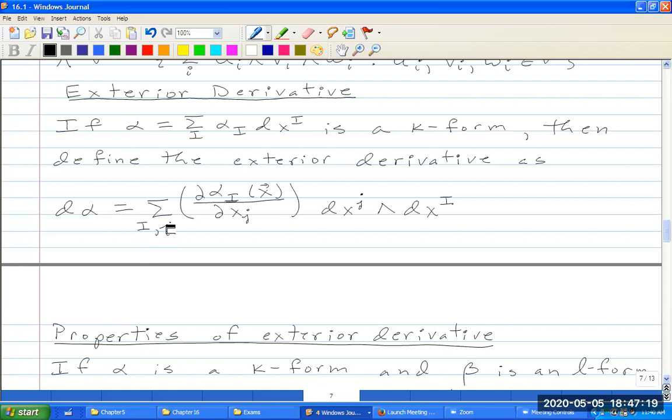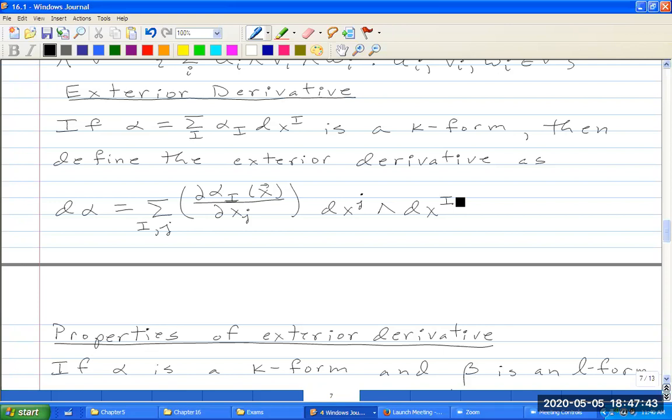Notice that j here is just a single index, not a multi-index, and I here is your multi-index. Partial of alpha_I at x with respect to x_j times the wedge product dx_j wedge dx_I.